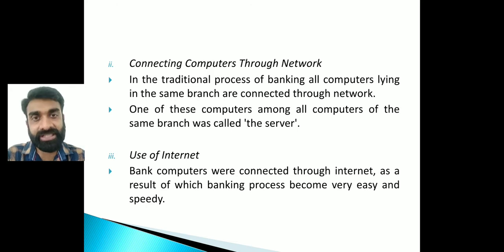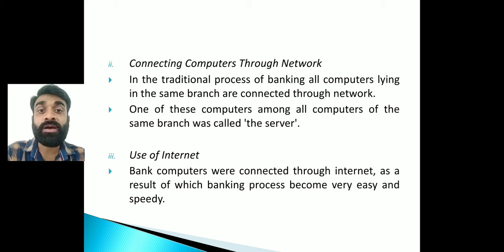Then only is it possible to use e-banking, and this has made things easier as well as speedy. So these are the three phases, the process of how e-banking has evolved in the banking sector.